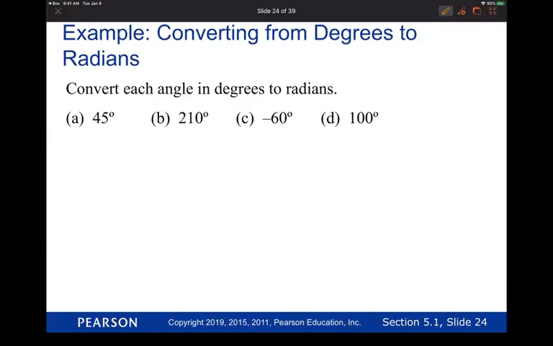So 6 over 18, what's 6 divided by 18? 1 over 3. So negative pi over 3 for that one.